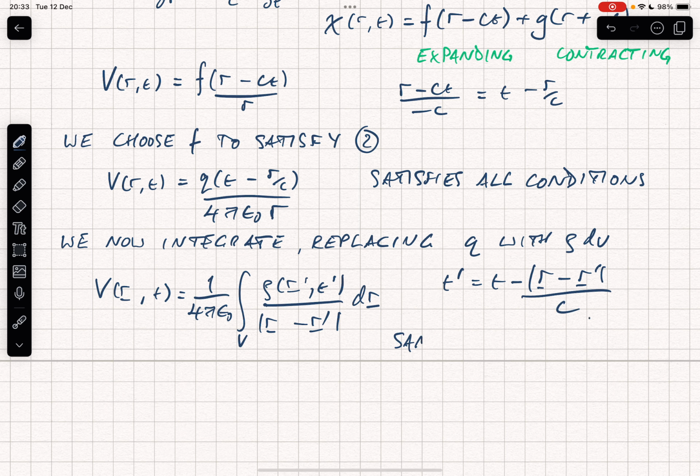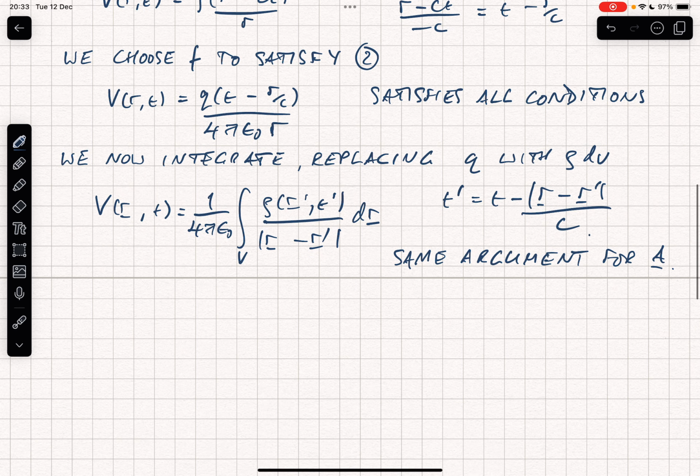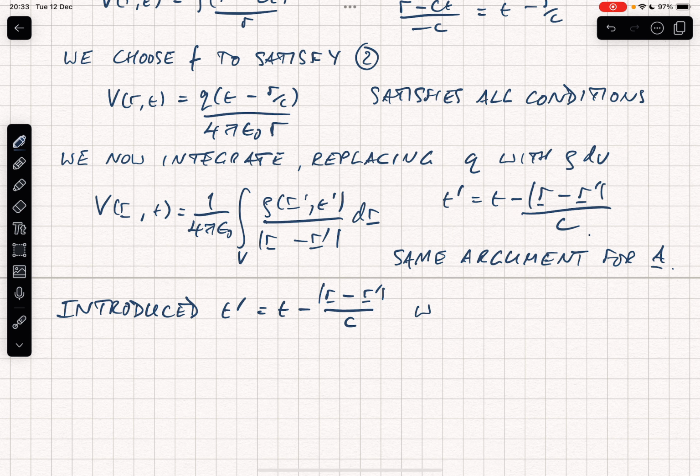The same argument can be used for the vector potential A. And what I want to note here is that we've introduced the idea of retarded time, t prime, which is t minus r prime over c, without any kind of heuristic argument, without any approximation that we used in the first video.